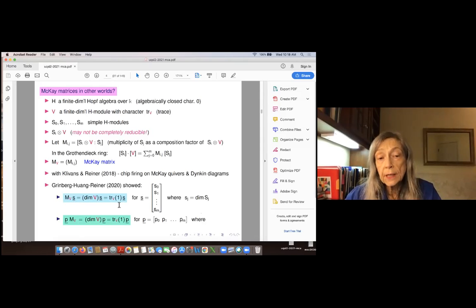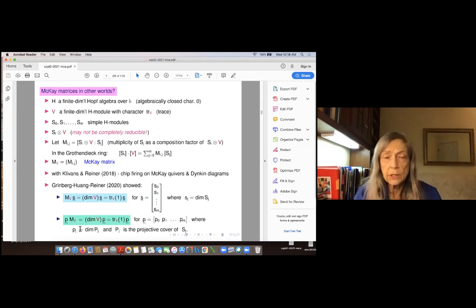Also, if you take the dimensions of the projective covers of the S_i, these are the projective indecomposable modules, and put their dimensions into a vector, you actually get a left eigenvector. So there's a whole story going on with the projectives. I'm not going to talk about it today, but it's a very interesting story.